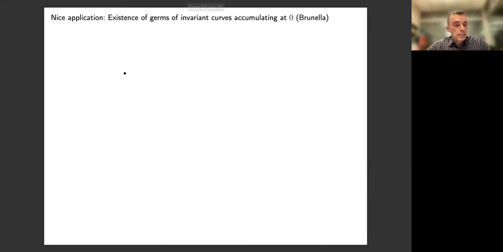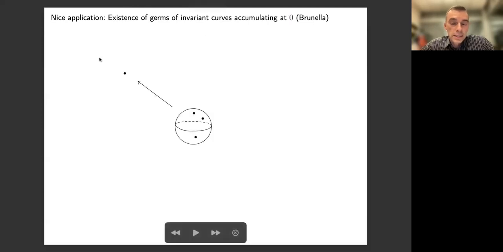Let me just mention a nice application of this result. There is a theorem of Brunella which says the following: if you have a real vector field in dimension 3, then there always exists an invariant curve through the origin. It is more or less like the Camacho–Sad theorem, but the important thing is that here your invariant curve is not necessarily an analytic curve, right? It is just an invariant curve, which is an orbit of your vector field, or perhaps a curve of singularities.